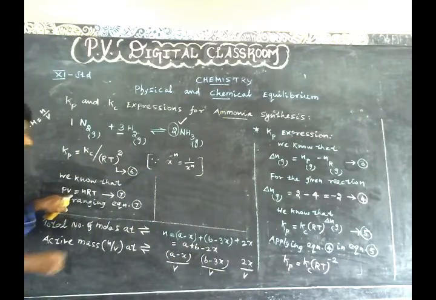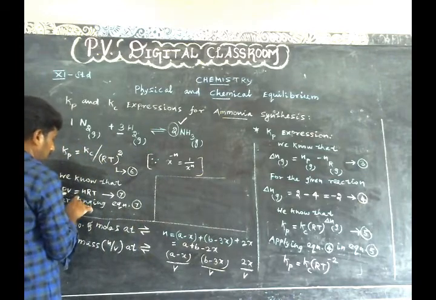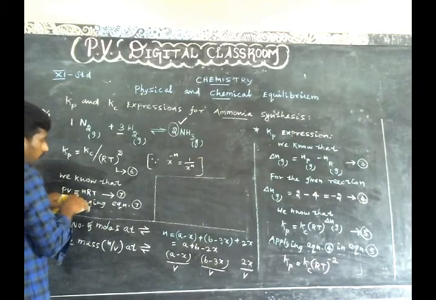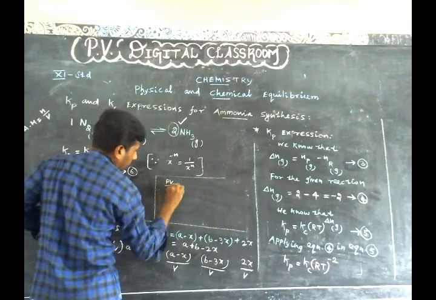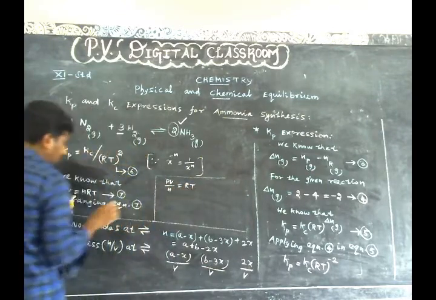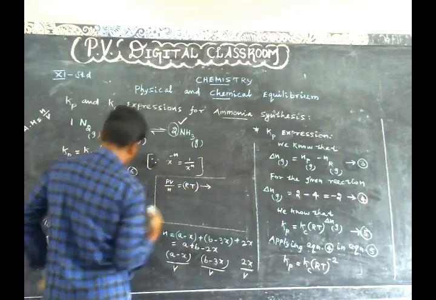Rearranging equation number 7, PV divided by n is equal to RT. This is equation number 8.